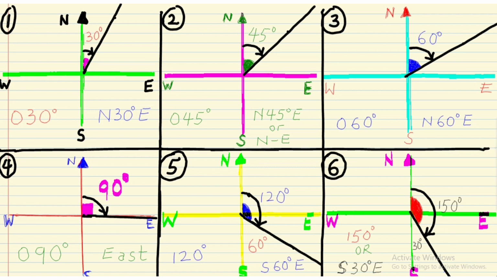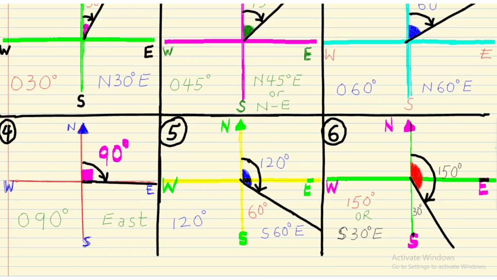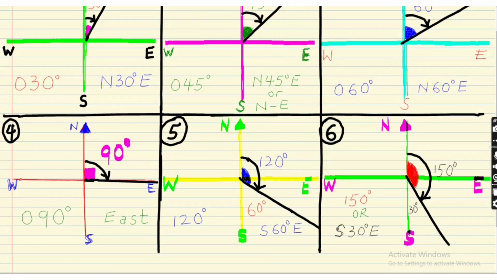We can simply call that 150 degrees, or in compass bearing, we've got to call the south first. So we say south 30 degrees. You see the angle at the corner there is just 30 degrees. So we say south 30 degrees east, or simply 150 degrees.